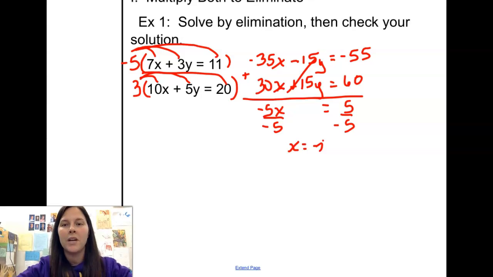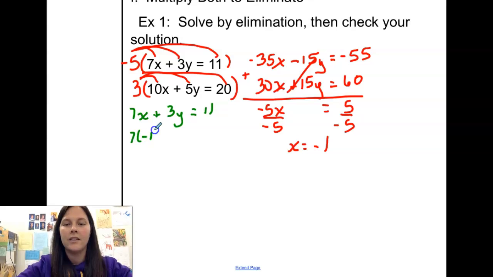Choosing either of my original equations to solve for y, I'm going to go ahead and use my first equation. I'm going to rewrite it so I'm very clear which equation I'm using because it has smaller numbers. Replacing x with that negative 1 and solving for y.